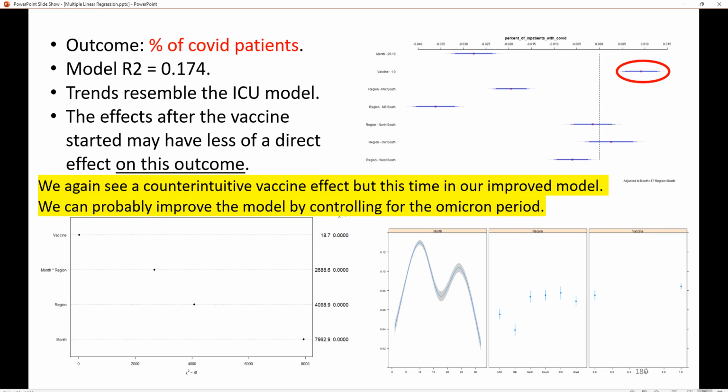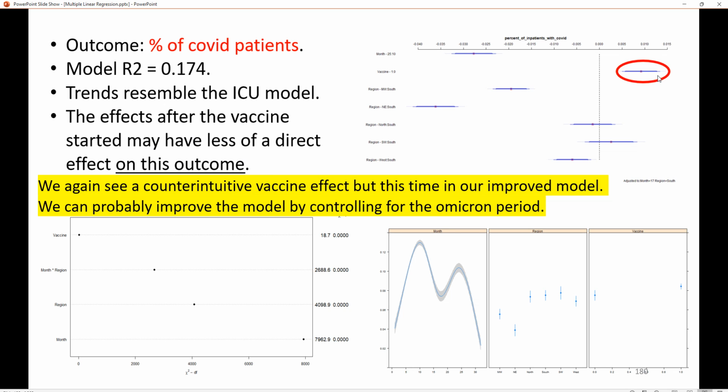And so now we might wonder, are there other outcomes that we can use to test with our model? For this first outcome, we're going to look at the percent of COVID patients. We have a model R-square of 0.174. Trends resemble the ICU model that we just reviewed, and the effects after the vaccine started may have less of a direct effect on this outcome.